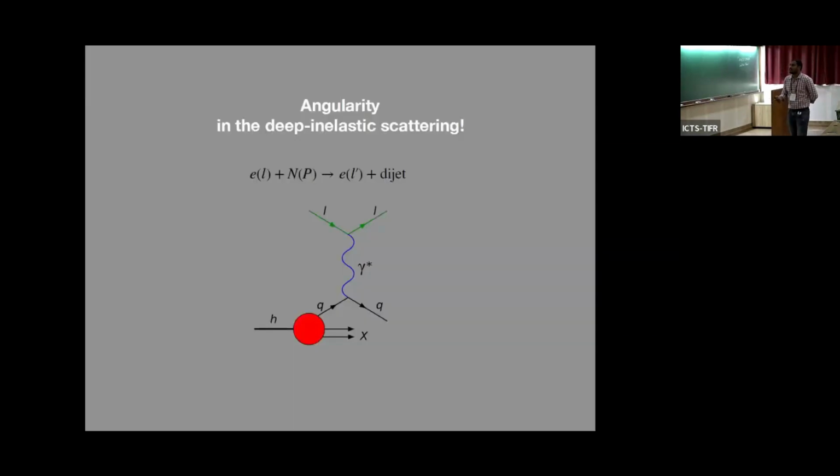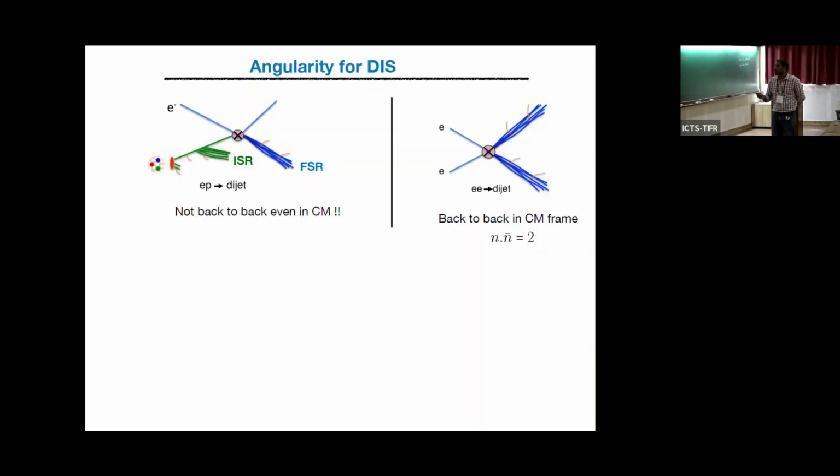So let's start with the angularity for deep inelastic scattering in particular. You all know that in deep inelastic scattering, an electron and a proton are scattered, and then a bunch of hadrons come out.